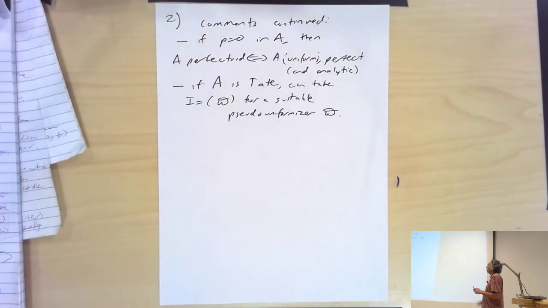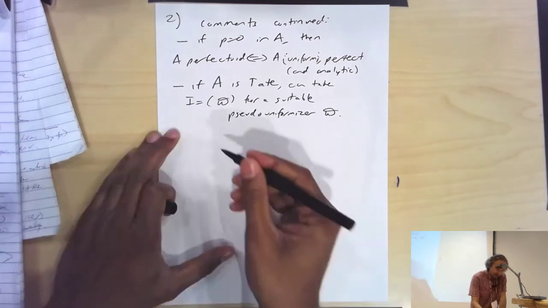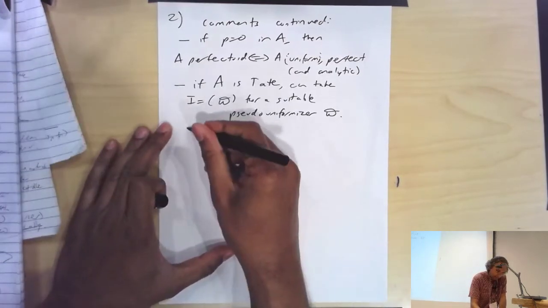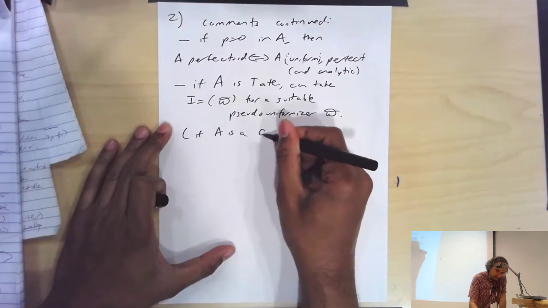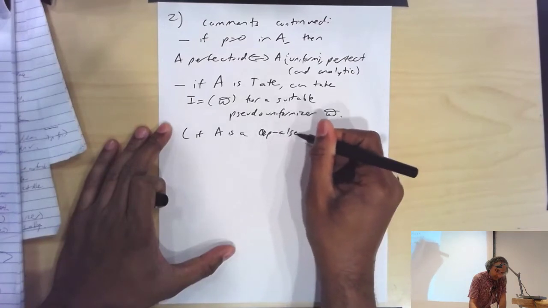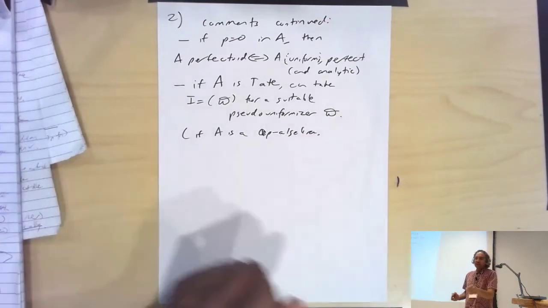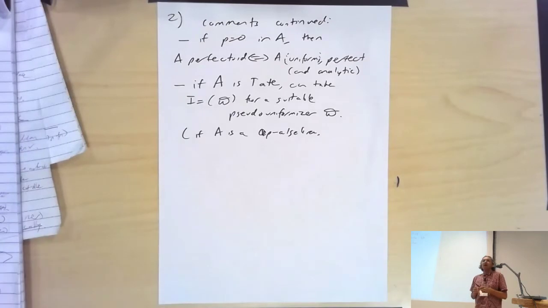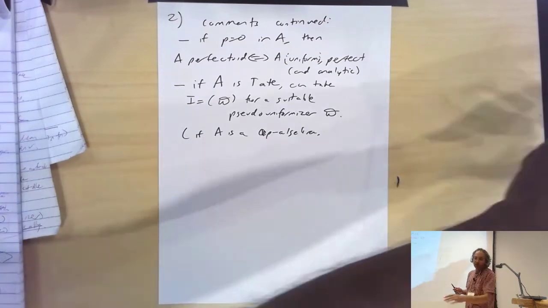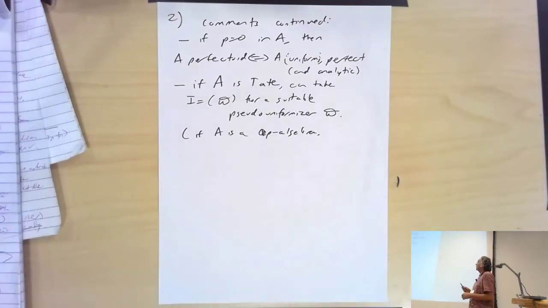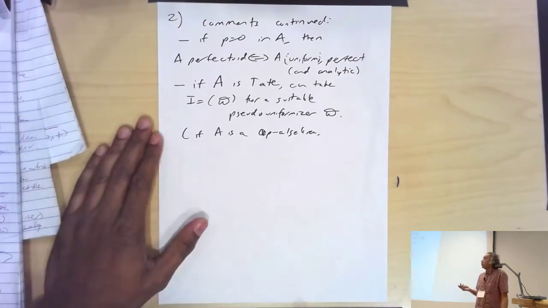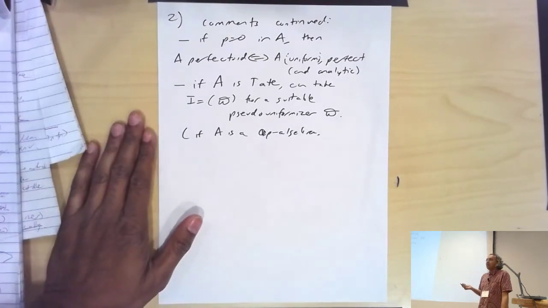And also, I should, of course, point out something obvious. I implicitly am taking the same prime p that Jared took in his lecture to be fixed, and everything in sight, p is topologically nilpotent, of course, from the definition. So if A is a Q_p-algebra, then, of course, p is a topologically nilpotent unit.